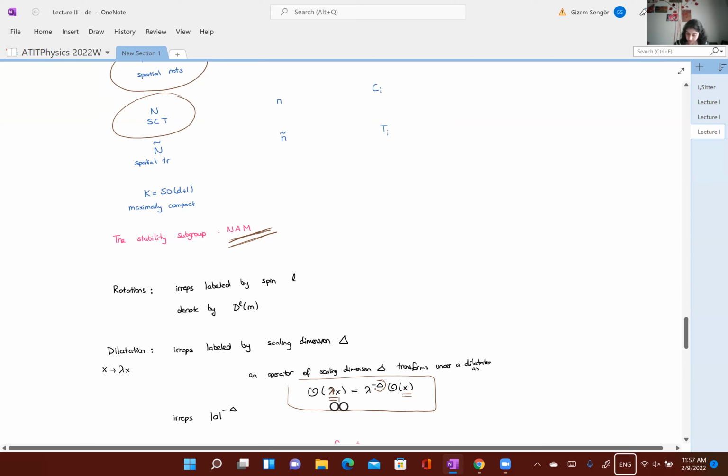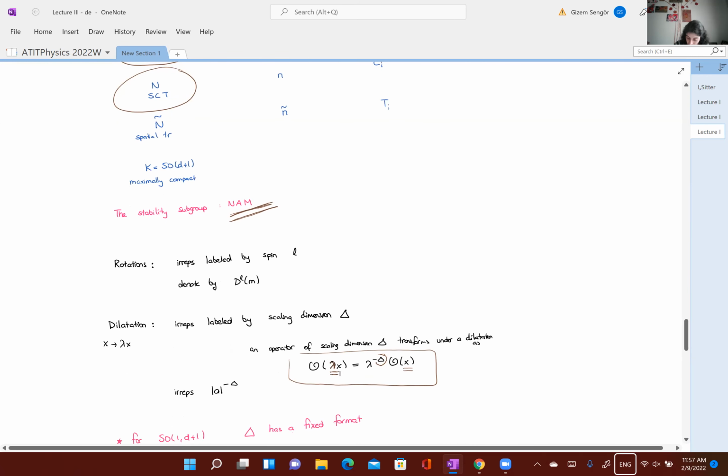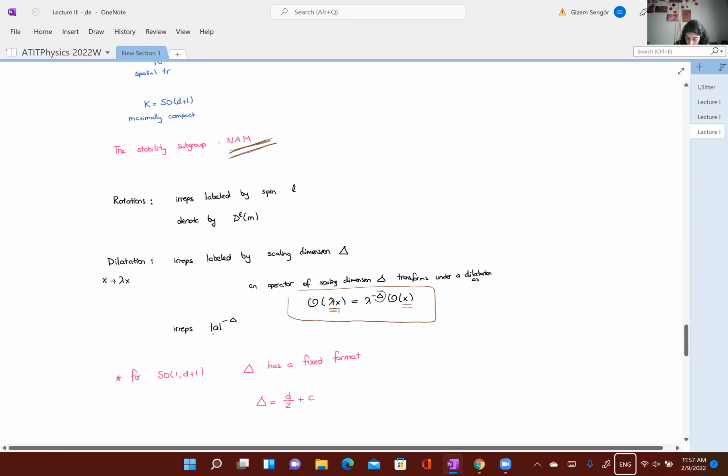This exponent here is the scaling dimension of the operator. And so these irreps are denoted as the group element up to the factor of minus the scaling dimension. So these are also important things.